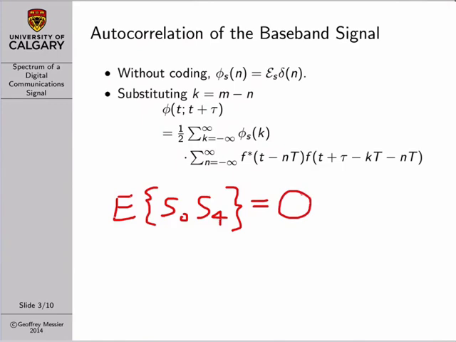And that's typically the case. In general, we assume that the information transmitted by one symbol has no correlation or is completely independent of the information transmitted by another symbol.